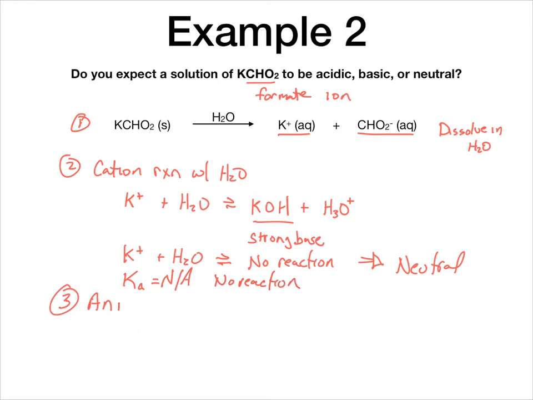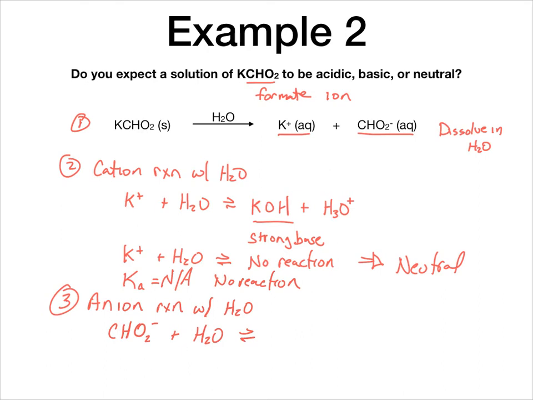Okay, so step 3, I have to think about how the anion reacts with water. In this case, I have the formate ion, CHO2 minus plus H2O. I have a minus sign, so it's going to behave as a base.